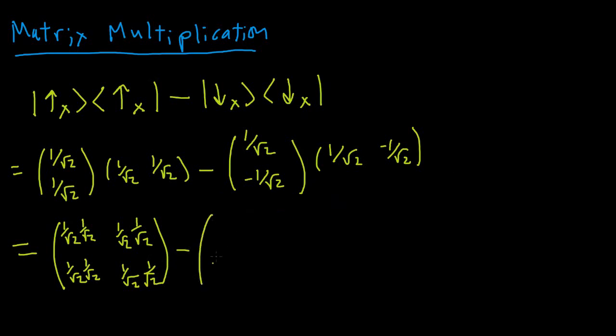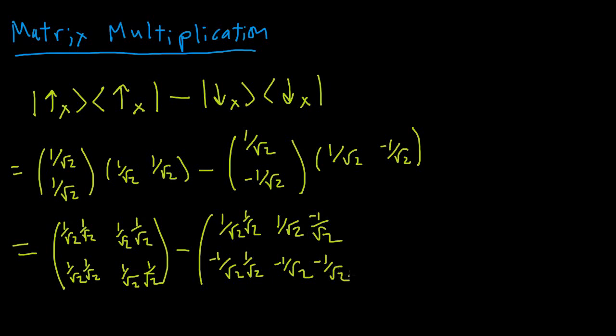So minus, so we got 1 over root 2 minus 1 over root 2, 1 over root 2 minus 1 over root 2. And then here we got 1 over root 2 minus 1 over root 2, 1 over root 2 minus 1 over root 2. So, all right, I guess this got a little messy, but these are where the dividing spaces are.